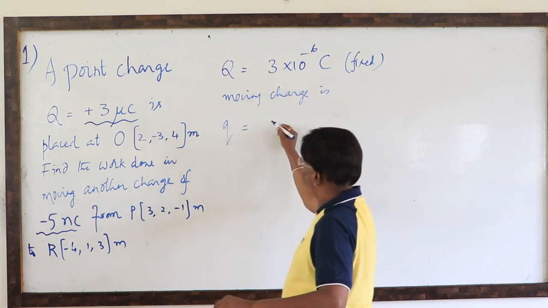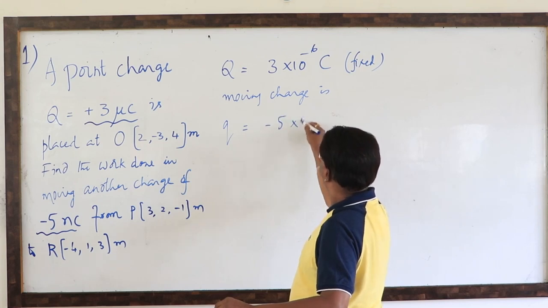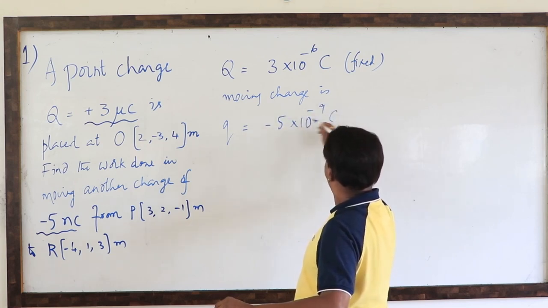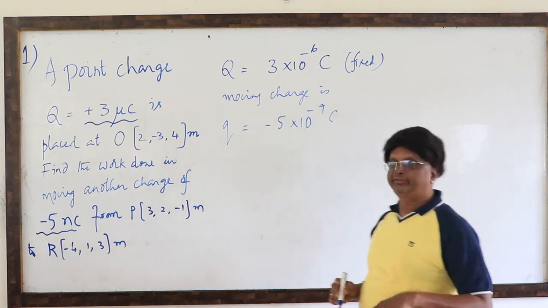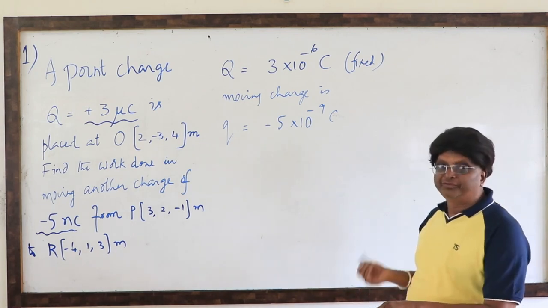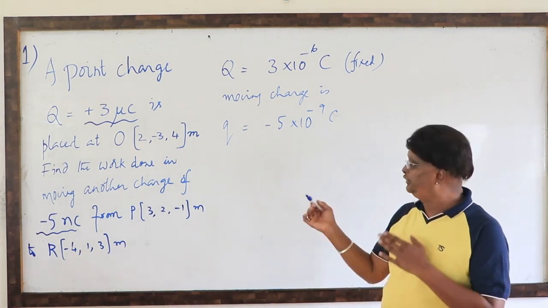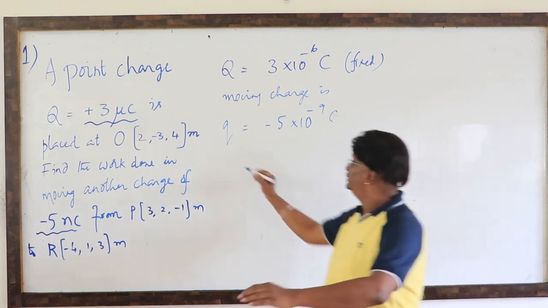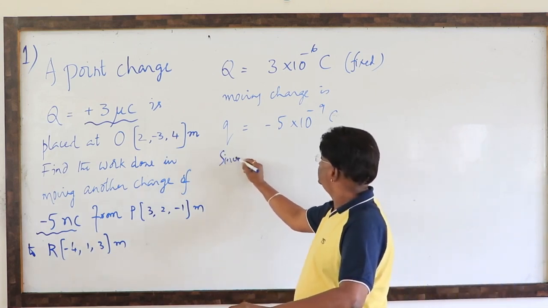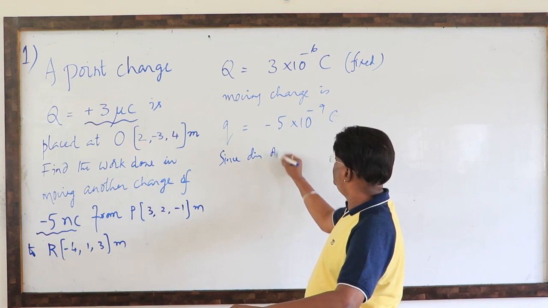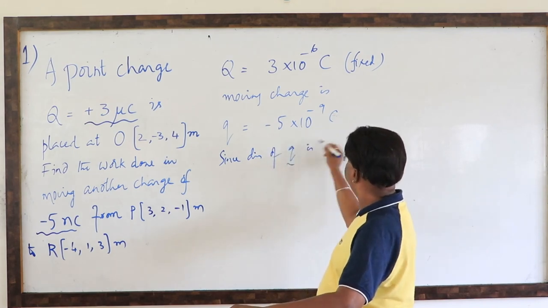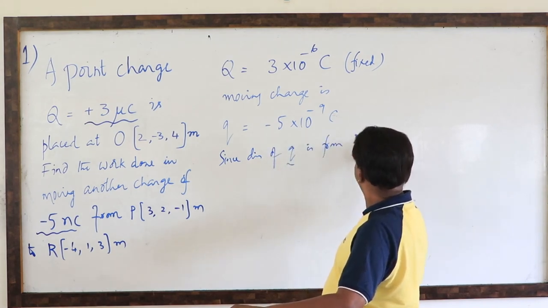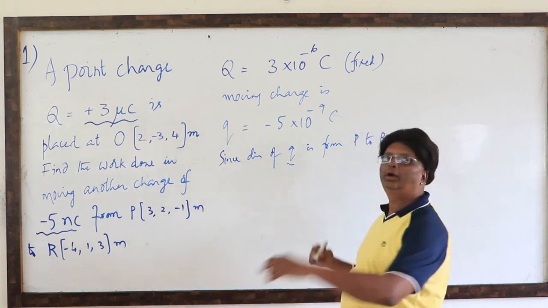I write it as -5 into 10 raised to -9 coulomb. This submultiple is an important thing. Now the displacement is from P to R, is it not? Now I am writing, since displacement of small q is from P to R.